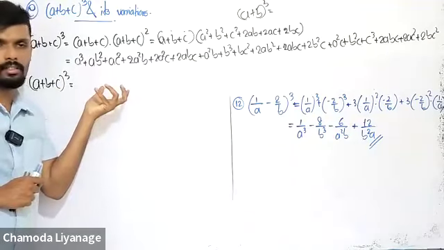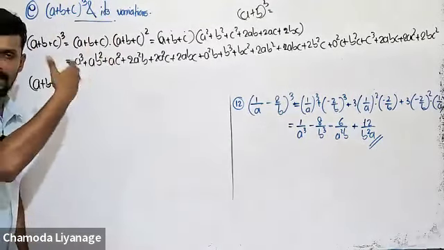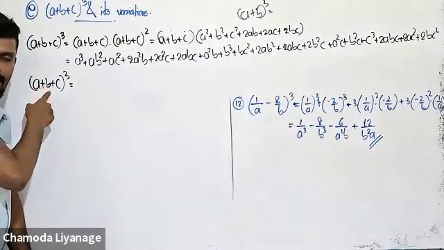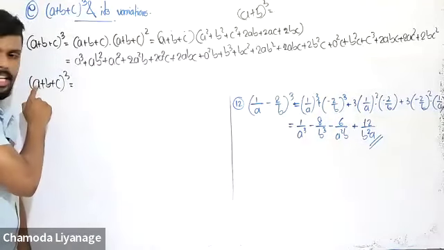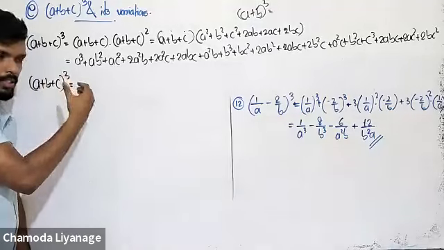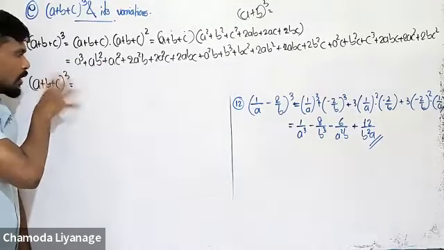We will get the 3 cubes. After that, according to the pattern, 3 times. Additionally, we have to use 3a squared into b, right? A squared into b. After that, a squared into c. There is another term, no? So we have to consider that term also. A squared into c. No any other terms.